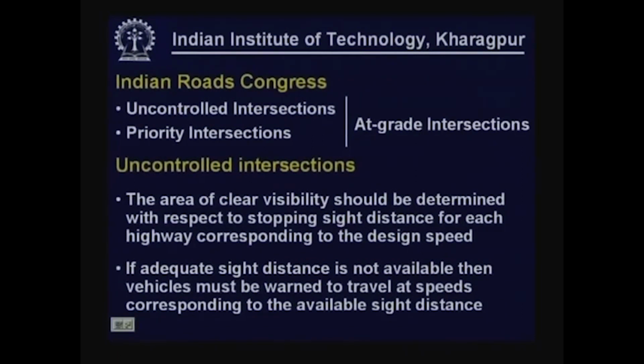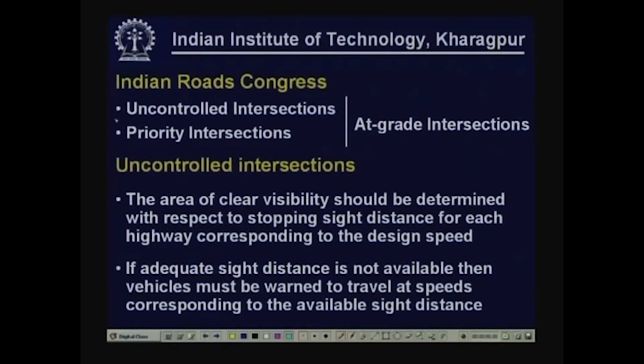IRC considers 2 different types of at-grade intersections. One is uncontrolled intersections as indicated here. The other set is priority intersections. Now, uncontrolled intersections are those intersections where priority of both roads are equal.